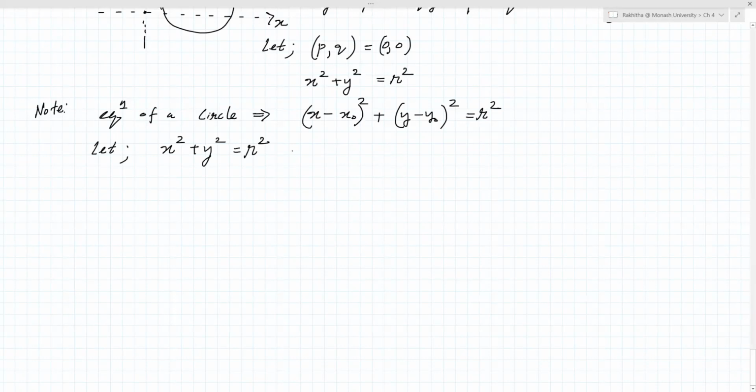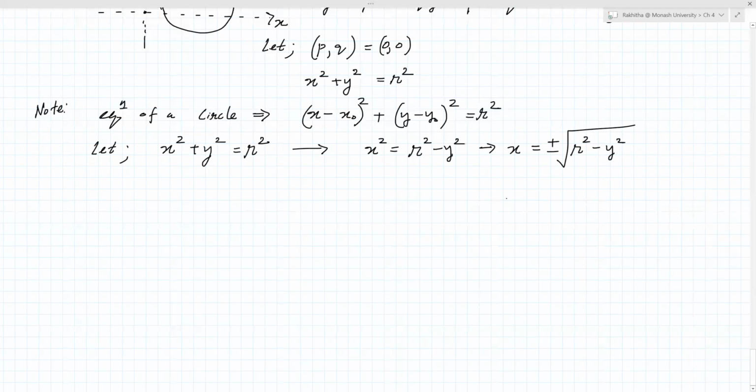Now, what I can do here is make x squared the subject. That would be r squared minus y squared. From there, I can find x, which is the square root of r squared minus y squared, plus and minus. Don't forget that.